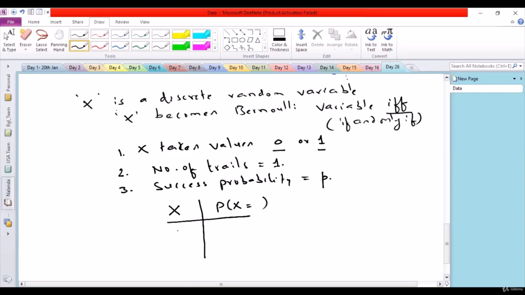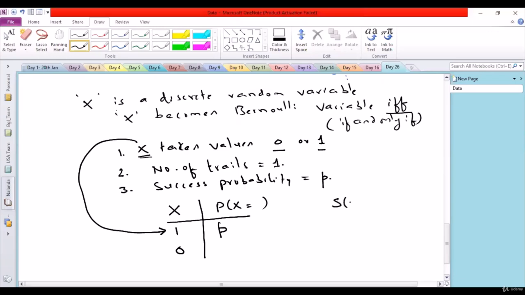So my x equals 1, which is my success. The way I define my random variable, the success criterion is represented by 1. In such a situation, my probability is represented as P. The opposite of this is 0. What is the probability of 0? The probability of my success plus the probability of my failure equals 1. That is what it is, right?